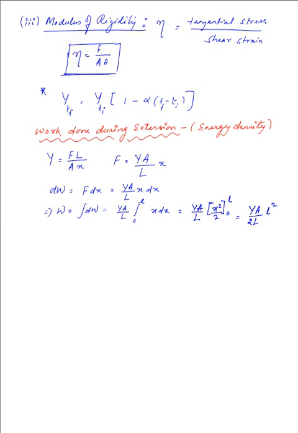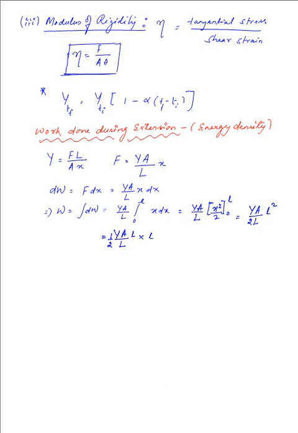Now it's pretty simple, but what we are going to see is a new form of it, that is YA by L multiplied with that extension. The 1 by 2 factor goes to the left, and we multiply the other l alone, leave it like that.